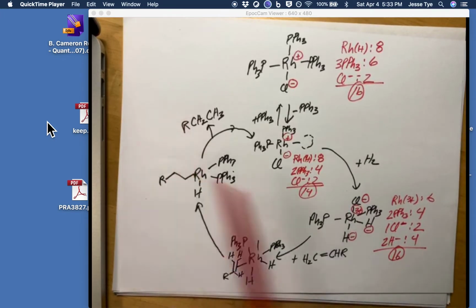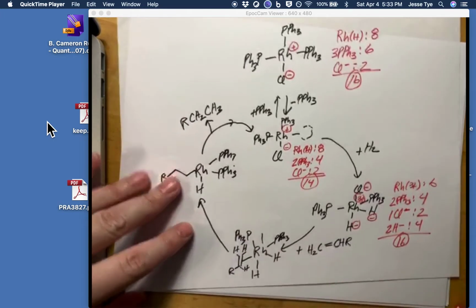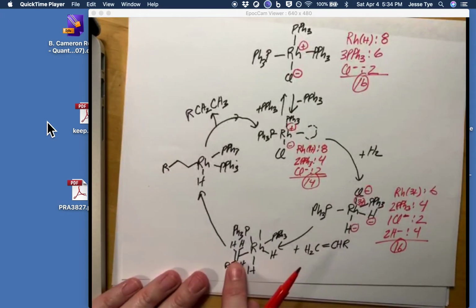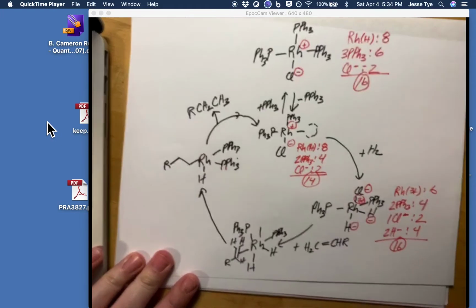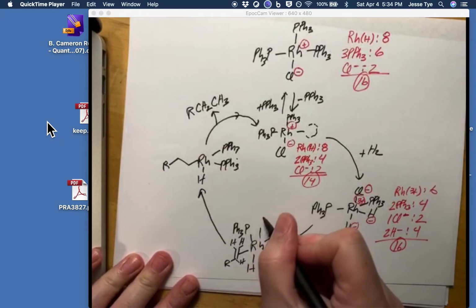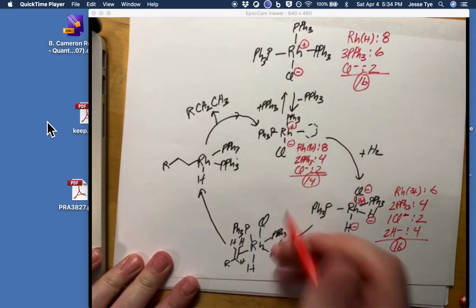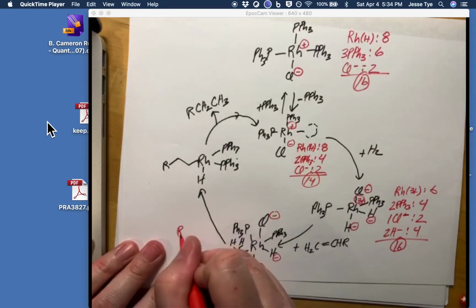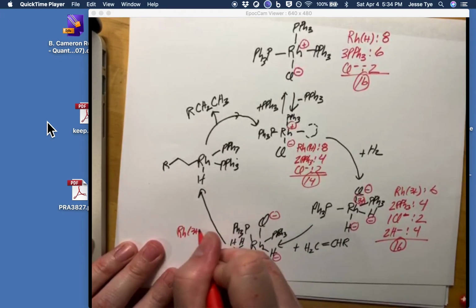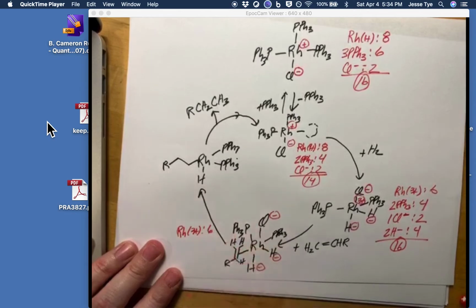And then what happens is an alkene comes in. The alkene binds and acts as a 2-electron donor. Here I've lost a ligand, my chloride, chloride minus. This alkene is neutral. So I have rhodium 3 plus still, which is still d6.